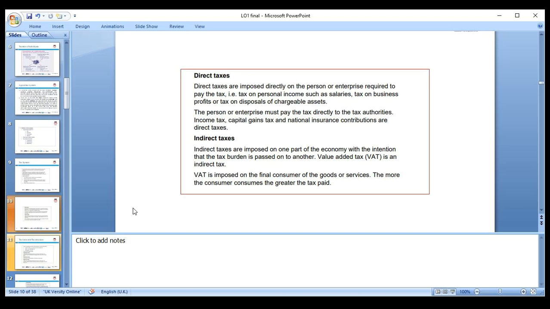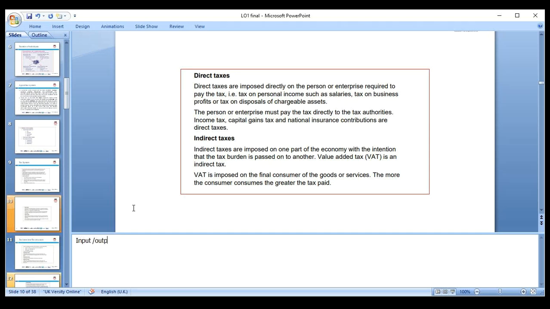You're not paying yourself, so indirectly, but it's a cost as well. It's every consumer paying VAT. And even the people who buy the goods, maybe they don't consume them and they can get a refund from HMRC, like input VAT and output VAT. Do we know input and output? Yes.